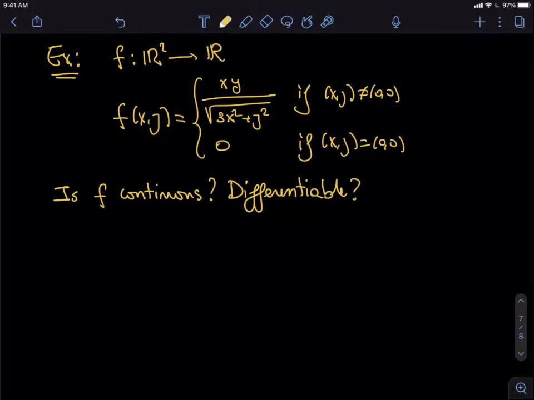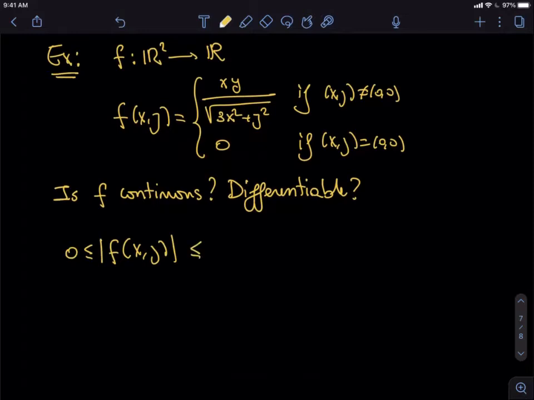So let's do that. Because we want the limit to be 0, we can just look at the absolute value, because the absolute value is already bigger or equal than 0. So if we can estimate this by something that goes to 0, we are done. That's our goal.